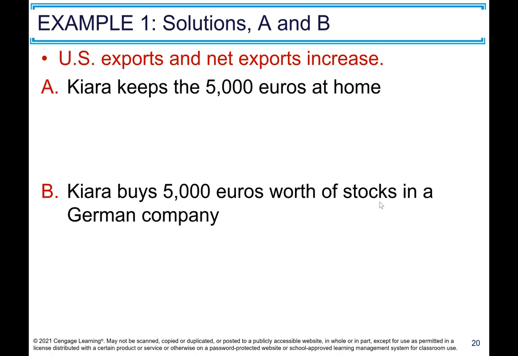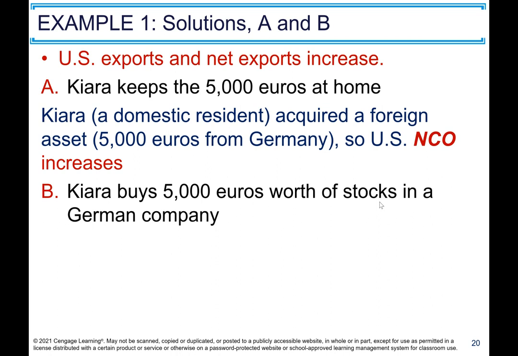Solutions A and B. US exports and net exports increase. A. Kiara keeps 5,000 euros at home. And B. Kiara buys 5,000 euros worth of stocks in a German company.